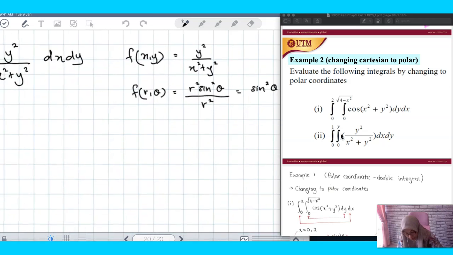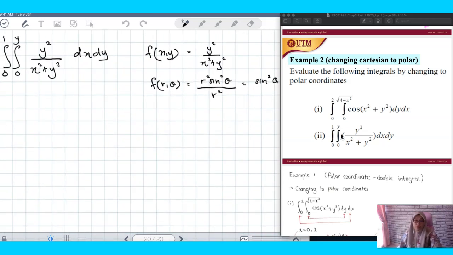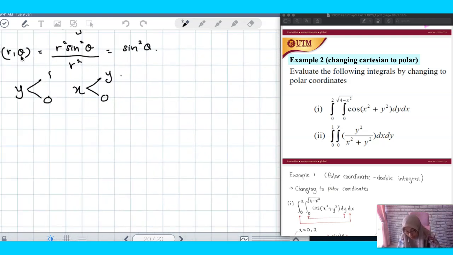Now we want to know what the region looks like. Take the interval that we have, where y is constant 0 to 1 and x is from 0 to y. So you have y equal to 1, y equal to 0, x equal to 0, and x equal to 1. From the equation, we have y equal to x. Now we want to sketch.